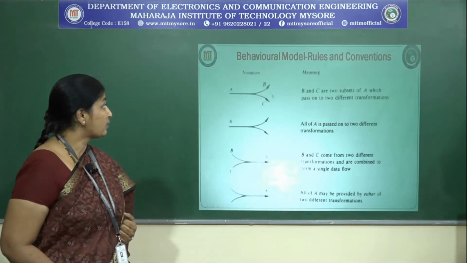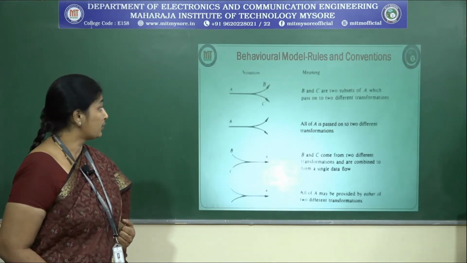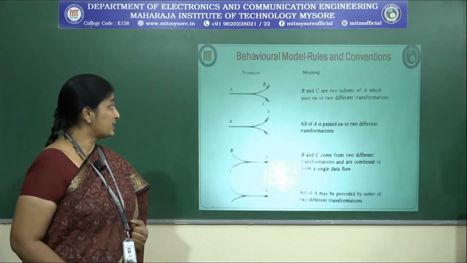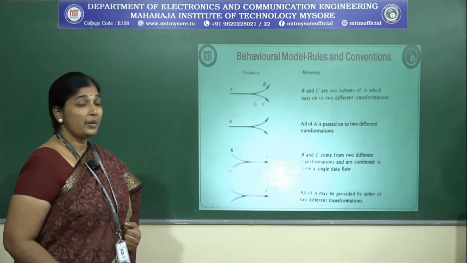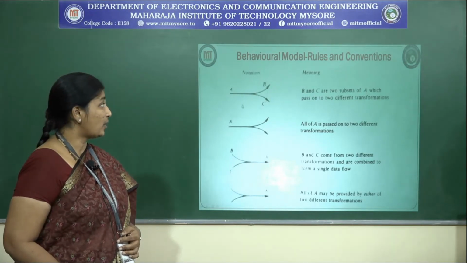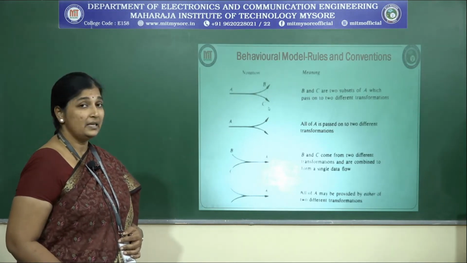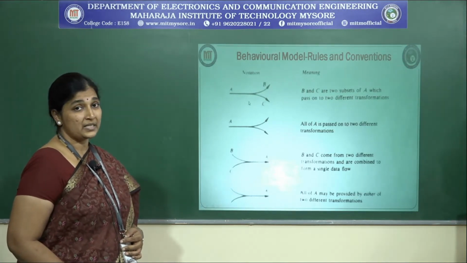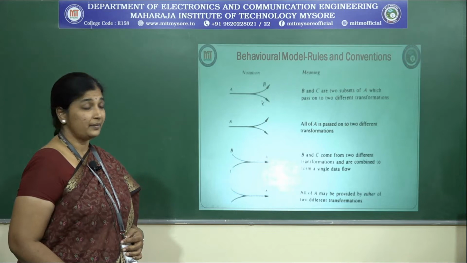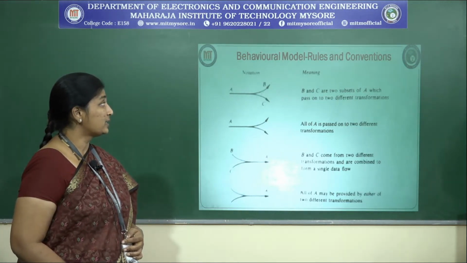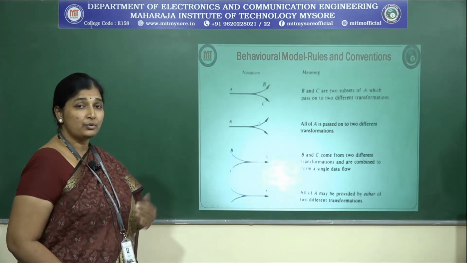So here we have what are called notations. What you can see here is a notation abbreviated as A, B and C. A is the incoming line, and you have two outgoing lines, B and C, which are nothing but subsets of A. Whatever comes through A is taken as input across the two subsets.